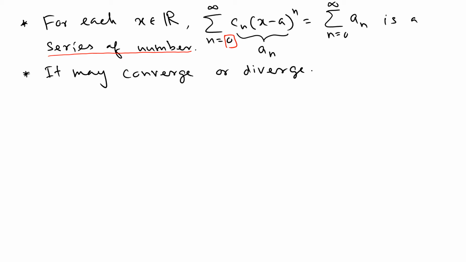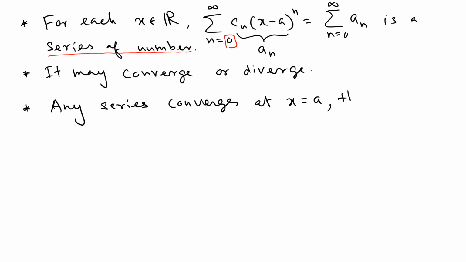Now there's a very important fact here. Any series converges at x equal a. A is the center. The reason is we can simply look at x equal a, what's going to happen?